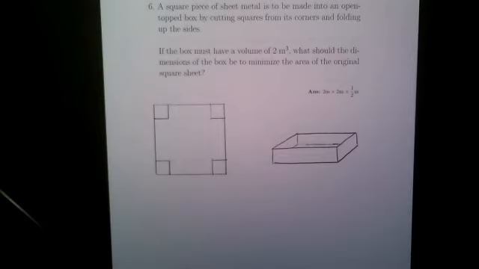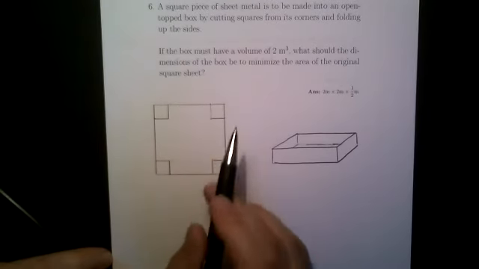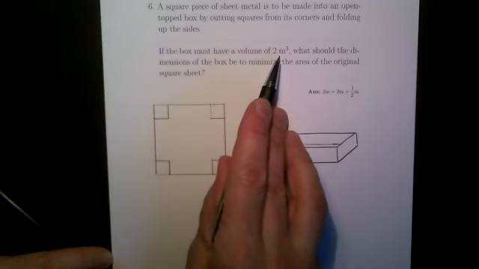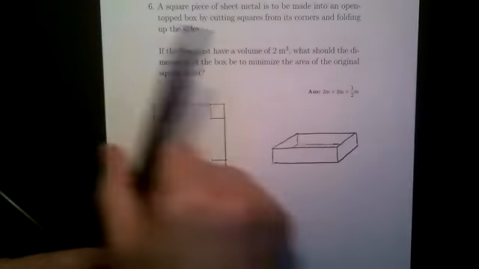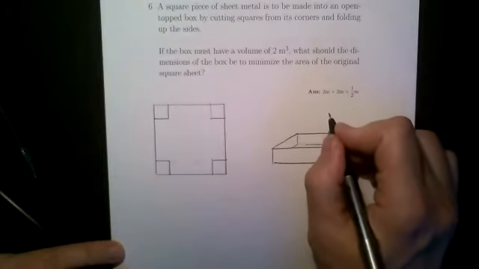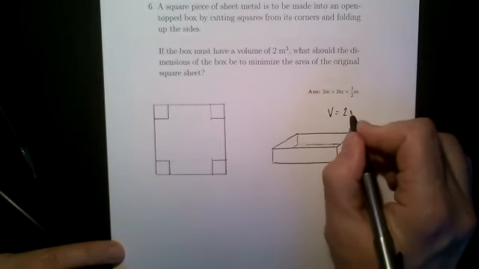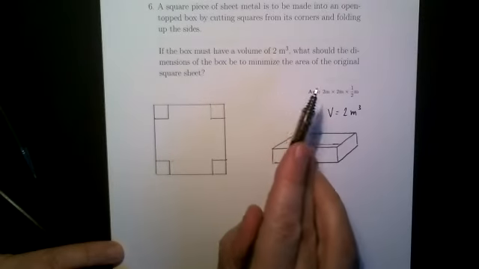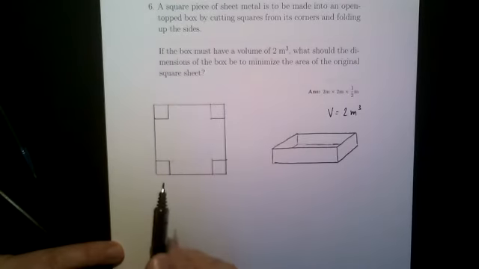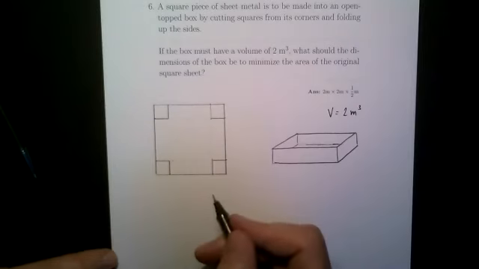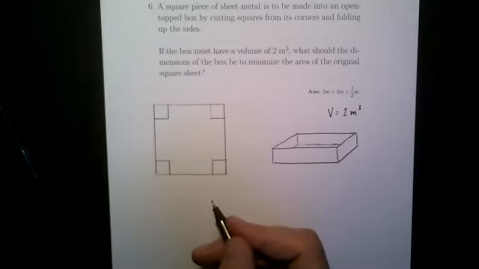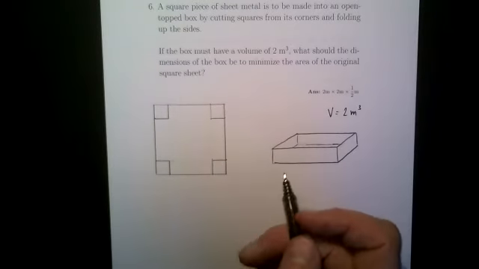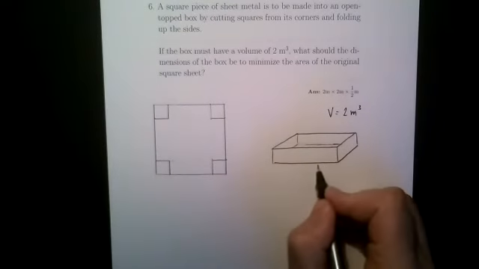Questions? Okay, so what do we have? Let's see the dimensions. If the box must have a volume of 2 meters cubed, so the volume here, that's given to me, is 2 meters cubed. What should the dimension of the box be to minimize the area of the original square sheet? So what are the dimensions of the box?